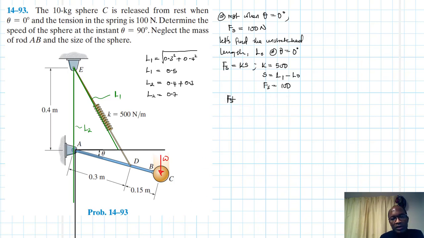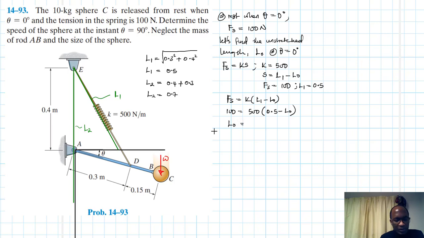Fs is just equal to k times L1 minus L0. So we do have 100 equal to 500 times (L1 minus L0). We calculated L1 as 0.5, so plug it in: 0.5 minus L0.